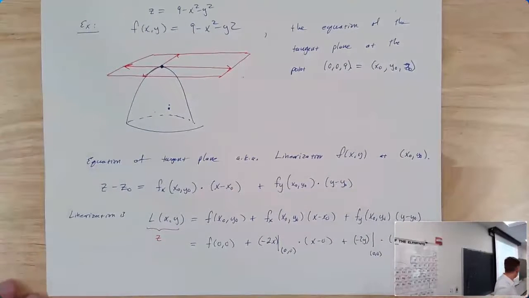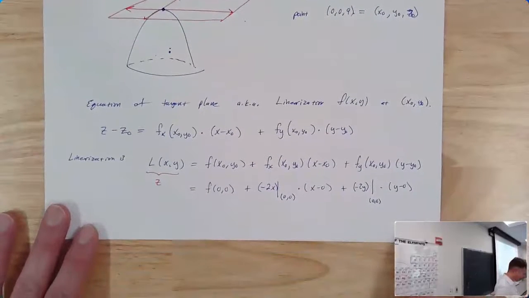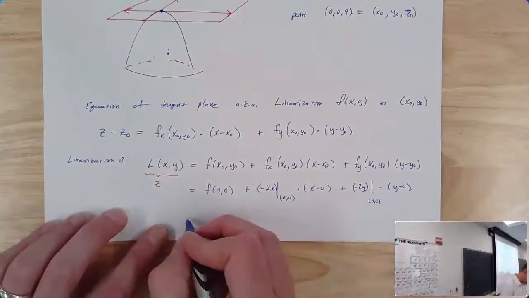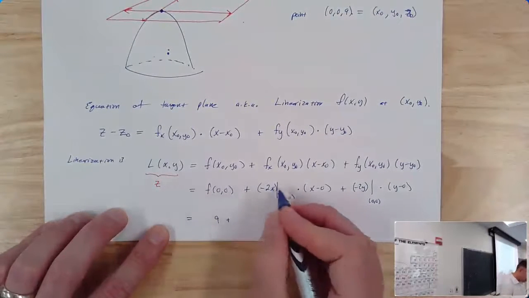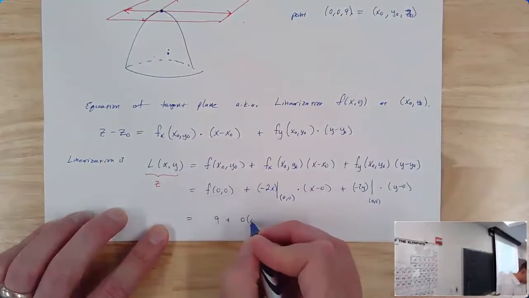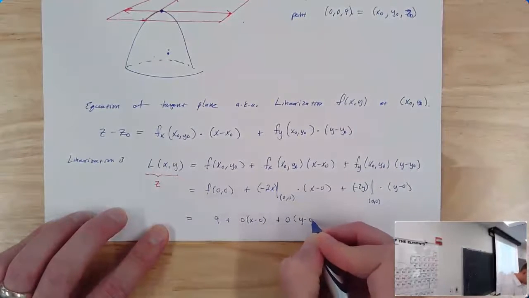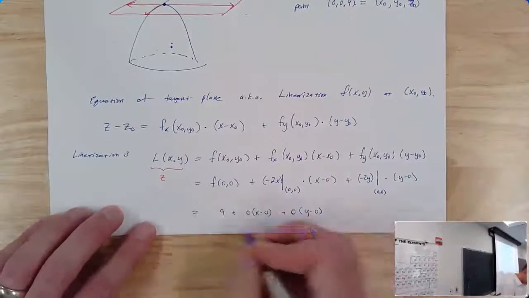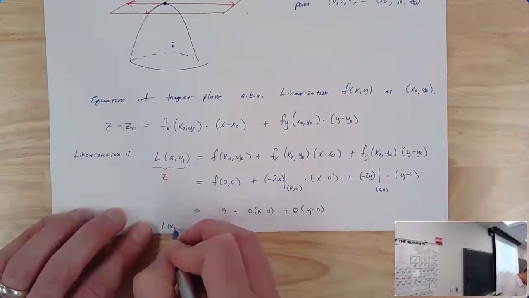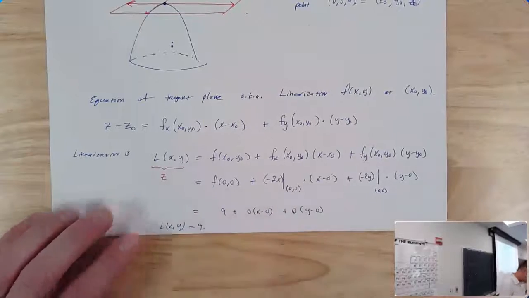The reason I say this one's very unexciting is that we're just going to get 9 plus 0 times x plus 0 times y. So I end up with the linearization L of x comma y equal to 9.